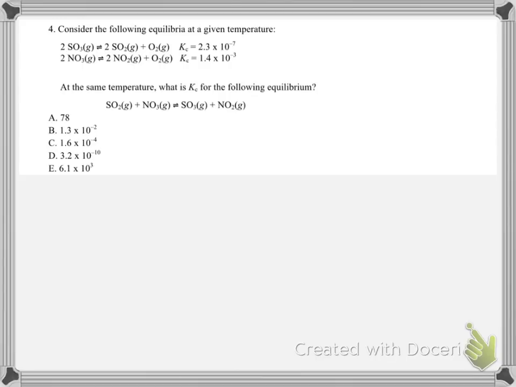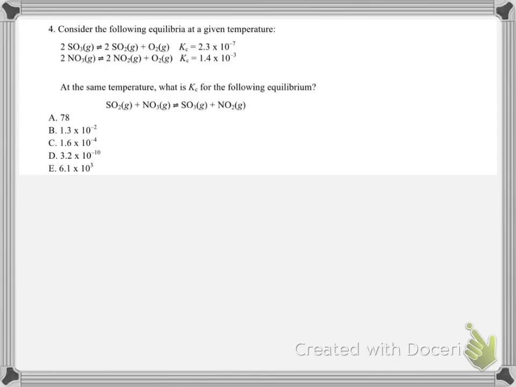In this problem, we need to manipulate these KEQs to get a KEQ for this reaction right here. So these are kind of fun. They're kind of like puzzles. The first thing I always do is I check to see if in the reactions that we're given the equilibrium constants for, the reactants and products align with where the reactants and products are in the overall reaction that we're looking for.